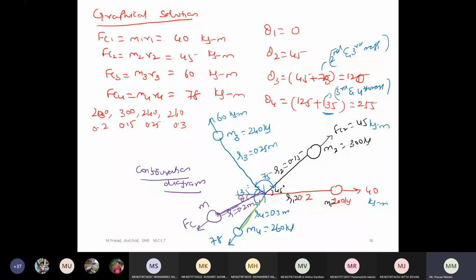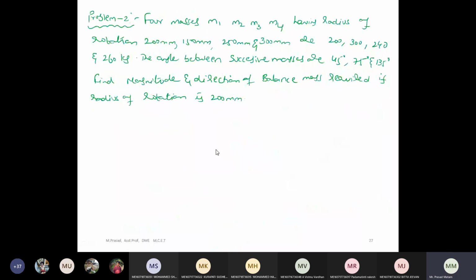Now you can see all the four masses are in four different colors, and this M is your balancing mass. Now from this configuration diagram, we are going to draw the force polygon. Let me go to the next slide.